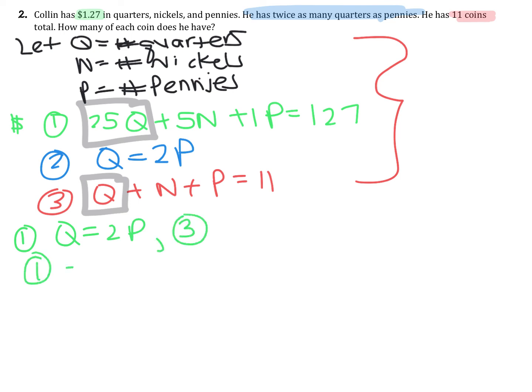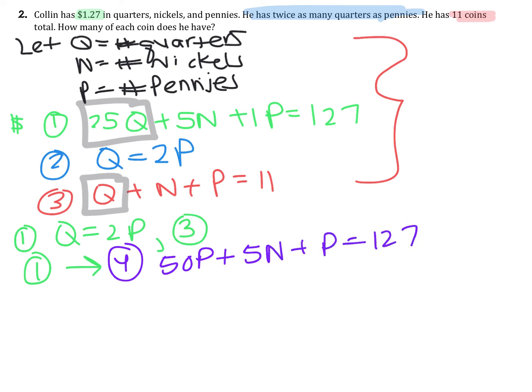So equation 1 is going to become, I'm going to give it a new name and a new number, equation 4. 25 times 2P is going to be 50P plus 5N plus P equals 127. And if I simplify this, I'm going to get 51P plus 5N equals 127.